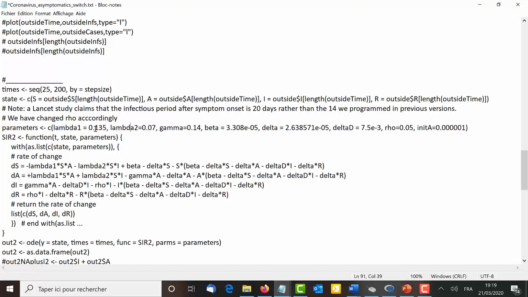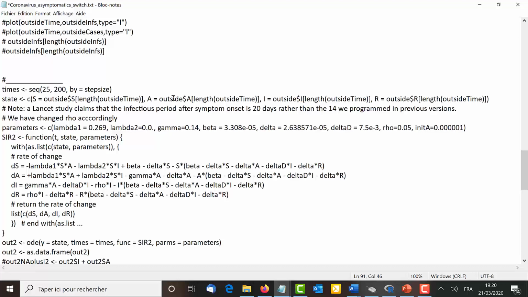What I did in the first few runs is I left the 0.269 in there for lambda 1. So my asymptomatic people would continue to interact and spread the disease in the same way that they always have.